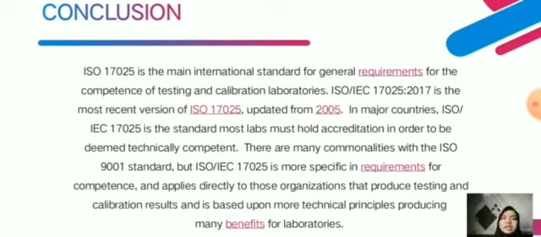There are many commonalities with the ISO 9001 standard, but ISO 17025 is more specific in requirements for competence and applies directly to organizations that produce testing and calibration results. It is based on more technical principles and has many benefits for laboratories.